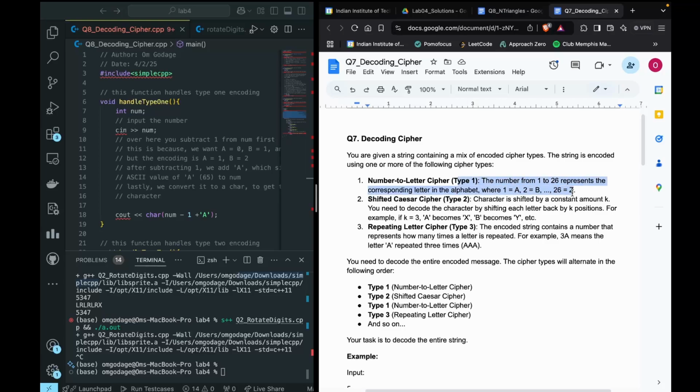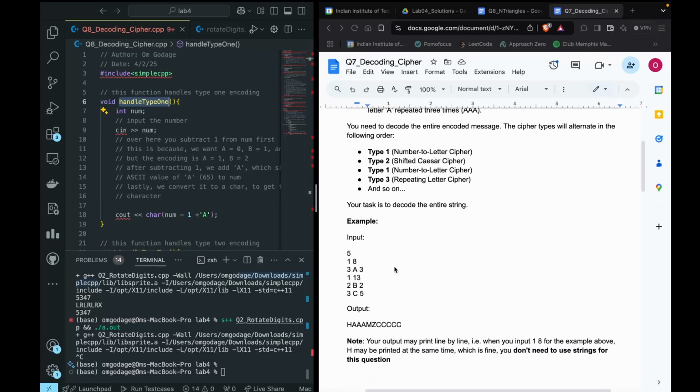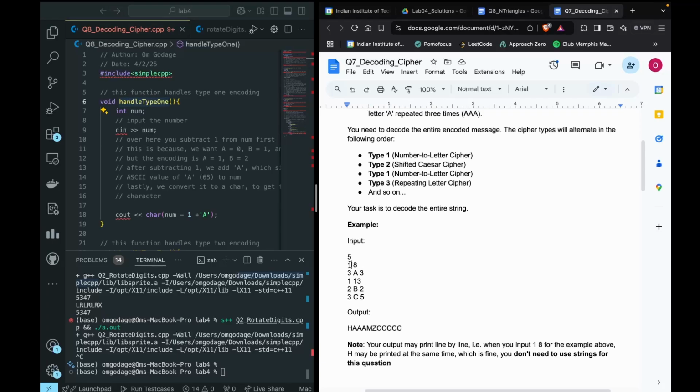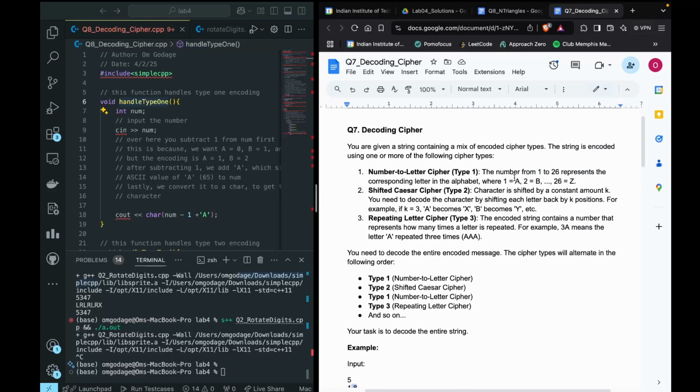So let's just assume that there is a function called handle type 1, and what it does is it will take an input, a number. For type 1 there is just one number as input, so it will take the number as input, whatever it is, and then you will subtract 1 from this and add capital A to it.